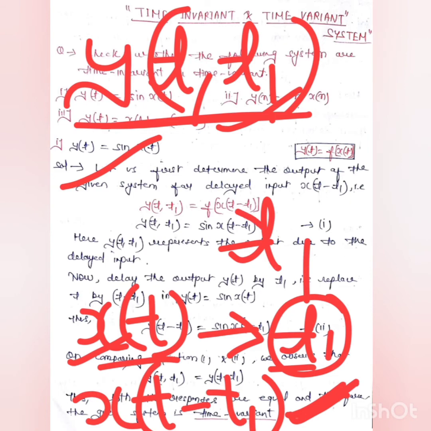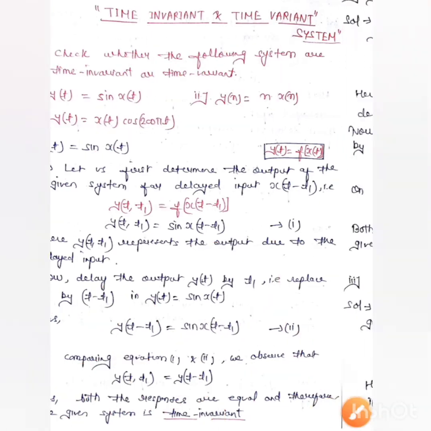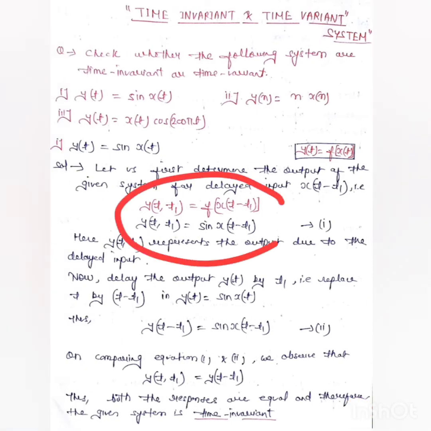As you can see here, y(t, t1) shows our output due to the delayed input, and function of x of t minus t1 shows that we have to delay our input by t1, and our input is sine of x(t), so we can delay like this, x of t minus t1. We have the expression like this.